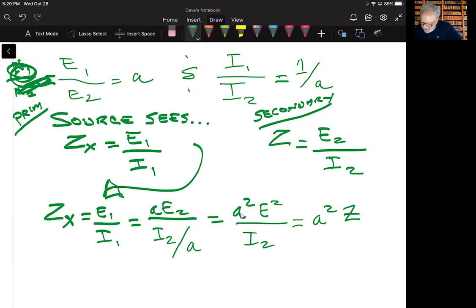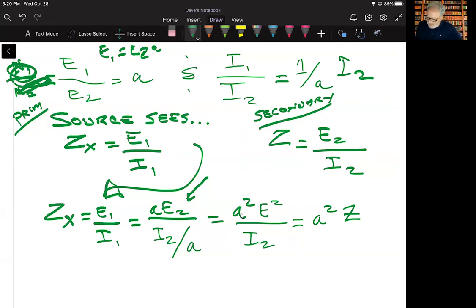As I go back to this, if I solve this for E1, it would be E2 times A. That's all I did right here; I replaced E1 with that. Then I did a similar thing over here with I1. If I solve this for I1, it would be I2 over A. That's where that transformation comes from.